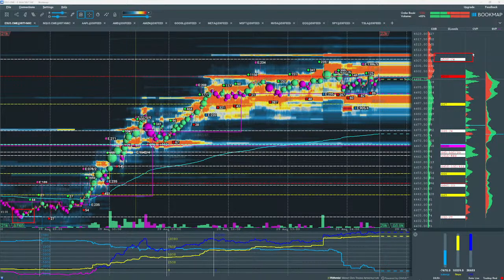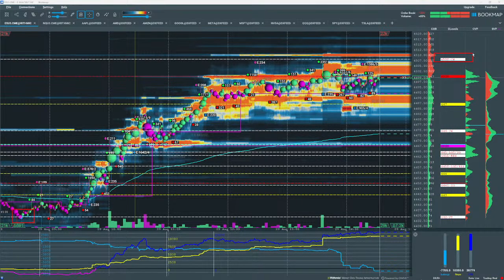So my assumption is if the put wall or volatility trigger is tested from above, it'll act as support, and of course the call wall, if tested from below, so price moves up to that level, I assume it will act as resistance. And SpotGamma has stats that show that that is the case for put walls and call walls, support and resistance. But then I'm always watching order flow and price action to confirm that.